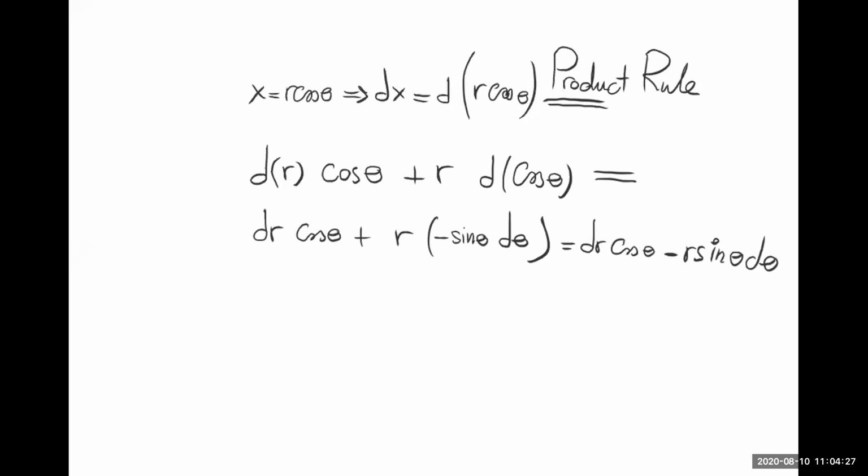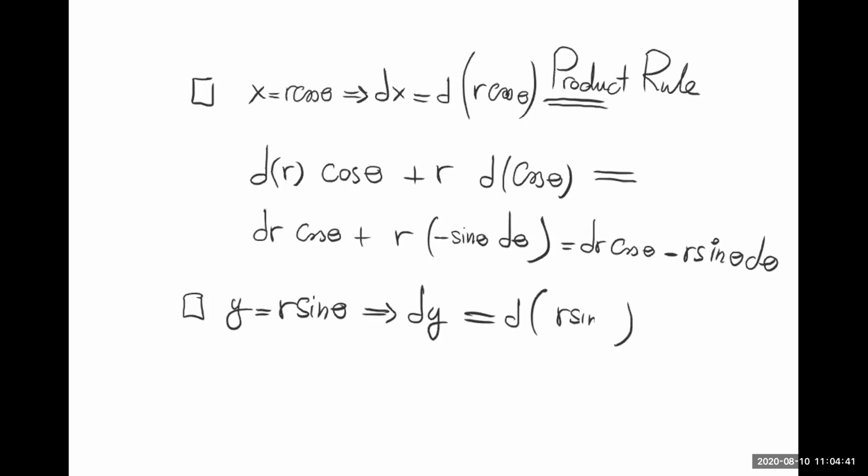On the other hand, y was equal to r sine of theta. So what is dy? It is d of r sine of theta. It is again the product rule.